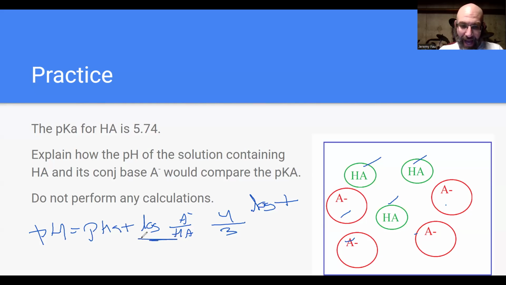Therefore, we're going to add something to our pKa. So it's going to be some number plus something, which means the pH has to be greater than the pKa, right? Because if this is 5.74, we're adding something to it. Even if we're adding the number 0.0001, we're still adding, which means pH is going to be bigger than that.